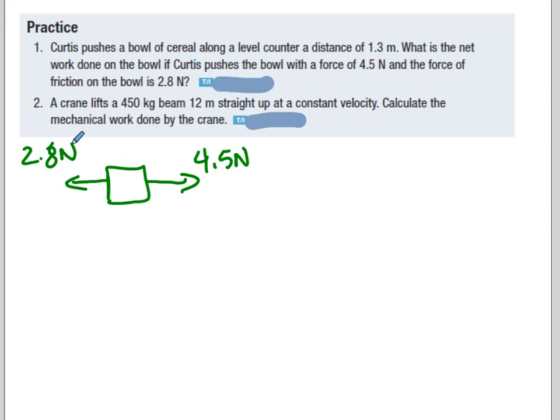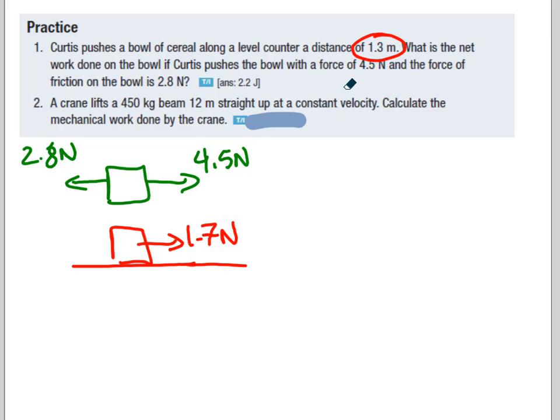We could do these individually, or we can say there is a net force of 1.7 newtons acting on that cereal bowl. If I take that 1.7 and multiply it by 1.3, I should get something close to 2.2. We'll just double check, and we get our 2.2.